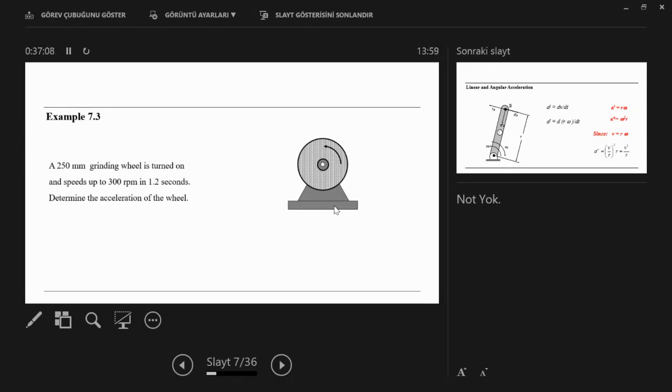Here this is equal to 2 pi times 300 over 60, because RPM is per minute, so we change into seconds. This is around 30 radian per second.